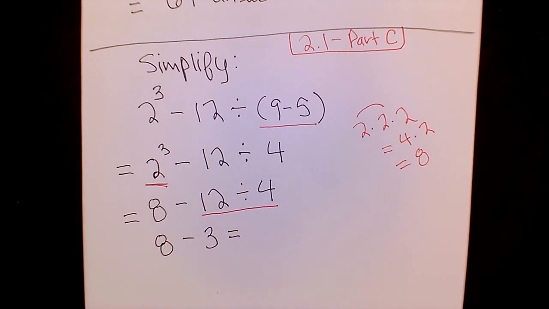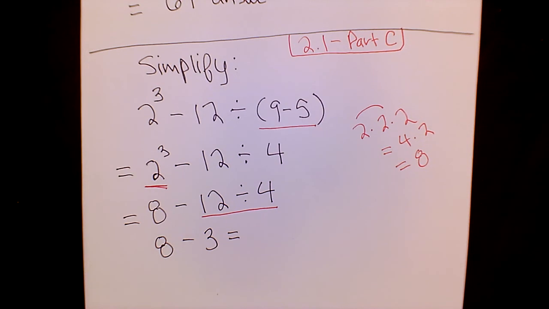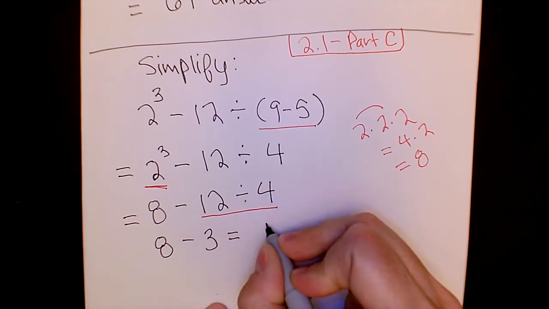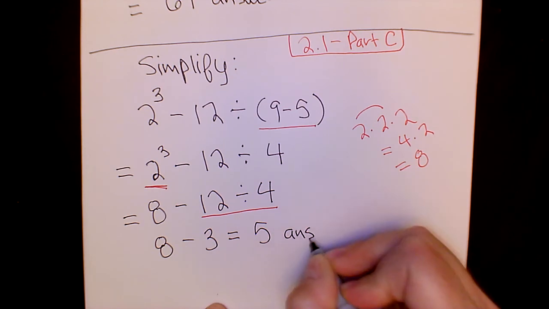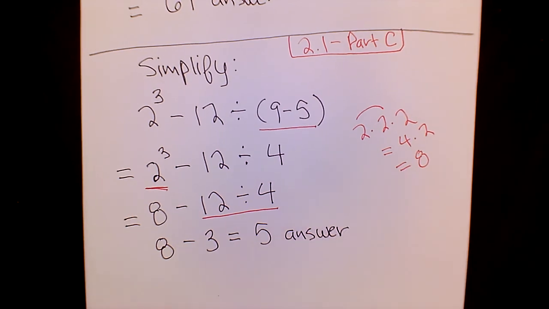Okay, and last is add, subtract. We have no add, but we have a subtraction. So 8 minus 3 is just 5. And that's our answer.